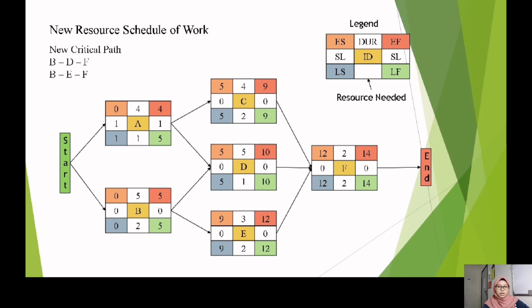At E we have 12, minus 2 we have 9, and we repeat the same process until A and B, which is 5, 1 and 5, 0. Then we calculate the slack, which, if we compare back to the Gantt chart, is the same.